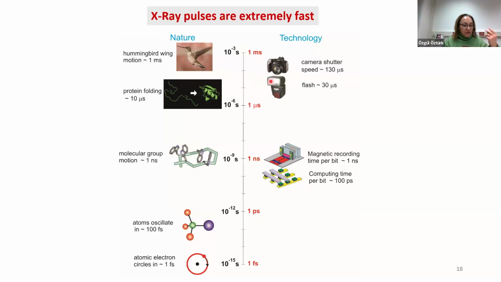A typical camera shutter is around 100 microseconds, and even a photographic flash is only tens of microseconds. If we move down, important biological processes happen much faster. Protein folding, for example, is on microsecond time scales, and molecular group motions are in the nanosecond regime.